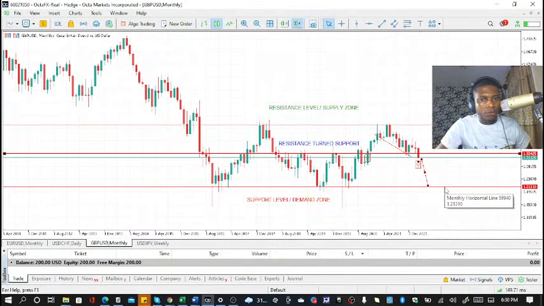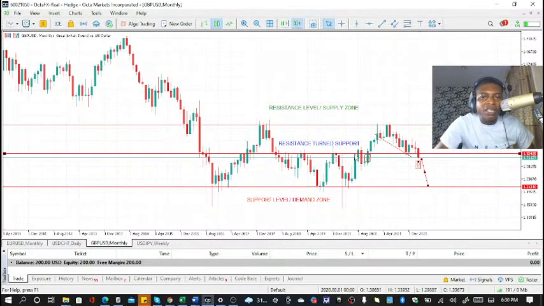That's the demand zone. If this month's candle closes below this resistance level, then this month's candle would be the breakout candle. Then we would watch after the breakout candle closes below the resistance level. The chances are higher that the bear market would proceed.